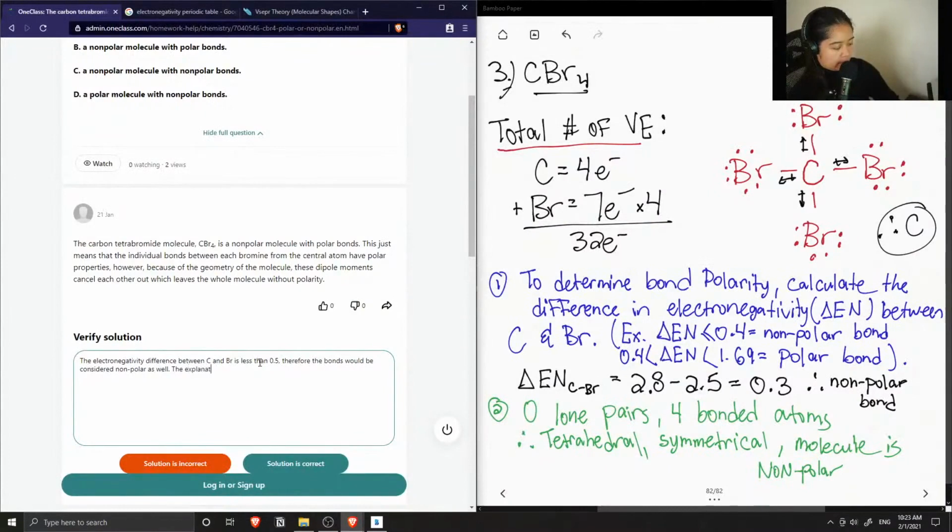The explanation about dipole moments is correct. Our overall molecule is nonpolar due to nonpolar bonds and the symmetrical shape.